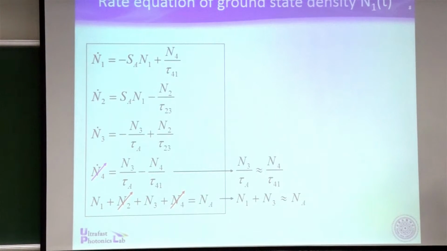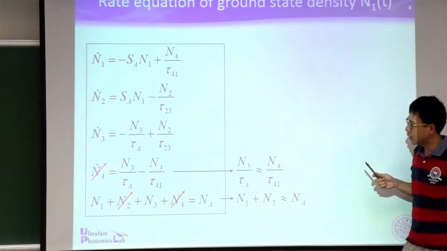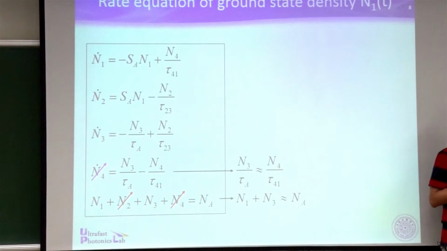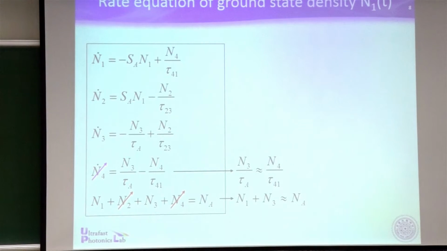Besides, you can eliminate N4 dot. If that is true, you can relate N3 and N4 in a simple relation. But why can we eliminate N4 dot? It's different from the reason we encountered in lesson 1. In lesson 1, we were interested in steady state only.